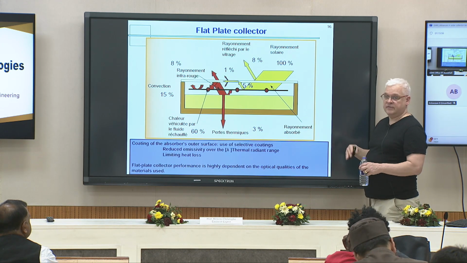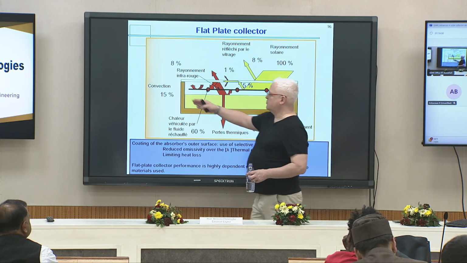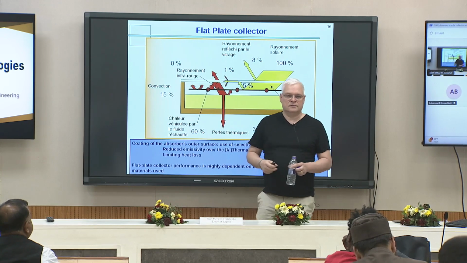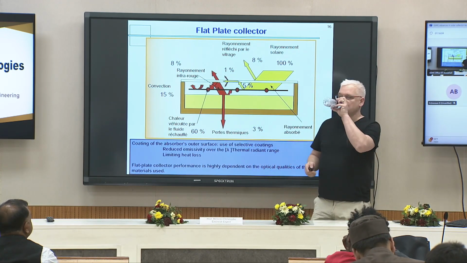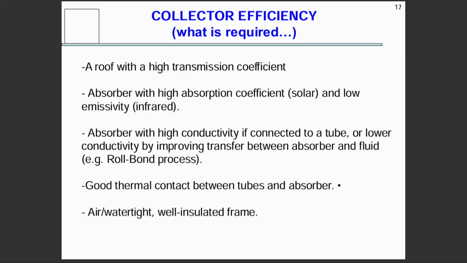If you have an evacuated tube, it's higher, of course, because you are neutralizing the convective loss. So you have to have a big absorption coefficient and low emissivity. So a very selective absorber.